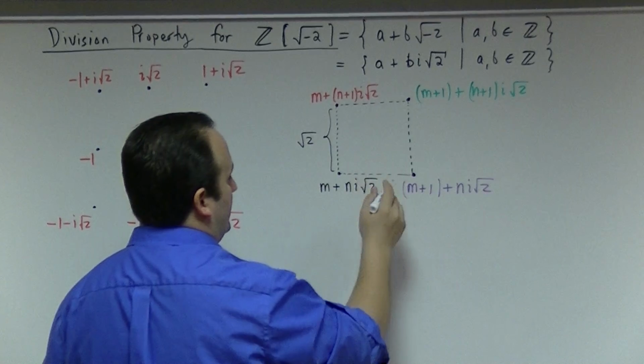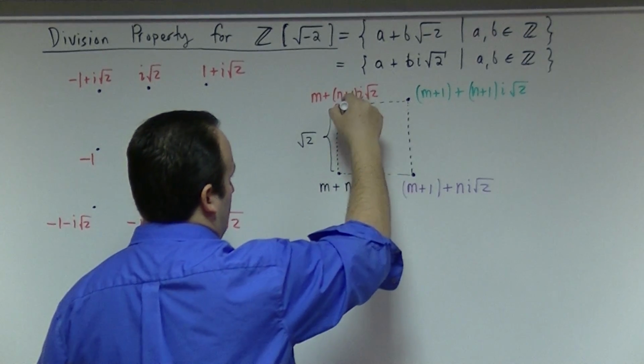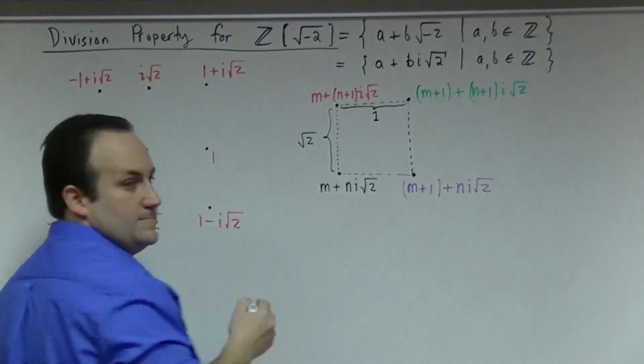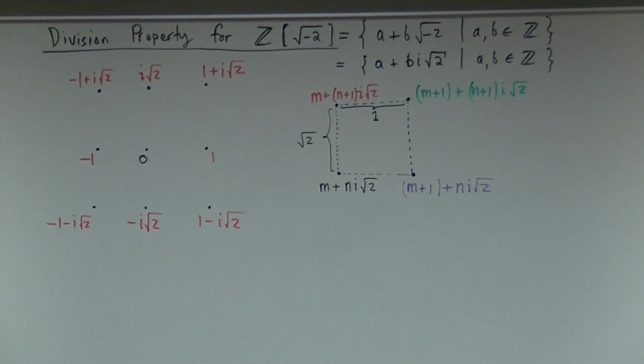Whereas the horizontal is what? 1, right? You guys with us? I'm trying to go slow enough so you can see the argument here. It's really simple. So I want to find the division property, right? Which basically means I want to be able to describe the quotient of 2.